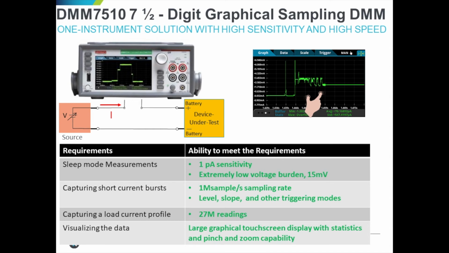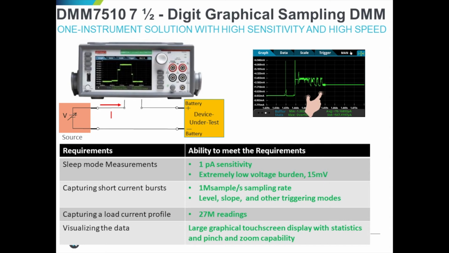With its unique internal topology design, it enables 1 picoamp sensitivity that definitely has enough sensitivity to measure deep sleep mode current. It also has a very low 15 millivolts of voltage burden, so low enough that it will not impact the signal that we want to measure.